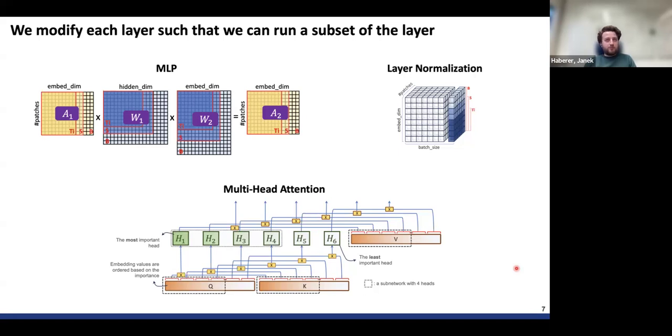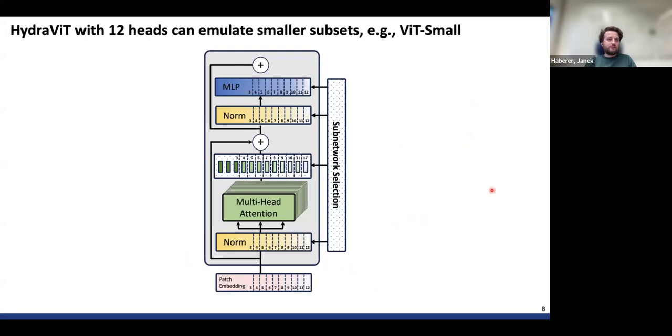Okay, so now we have shown how we basically adjusted the attention block as well, layer normalization, and the MLP. So basically now we have our architecture that we can now run at smaller subsets. And the way we implemented it now means that we can actually emulate a smaller subset perfectly.